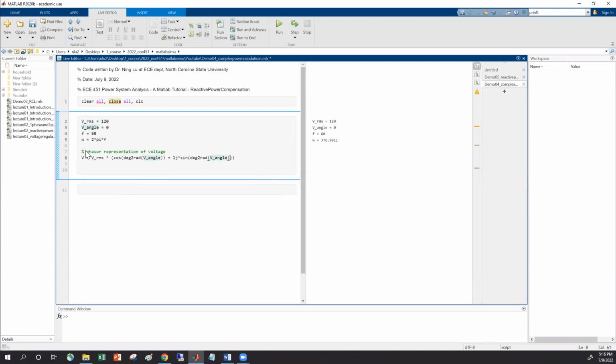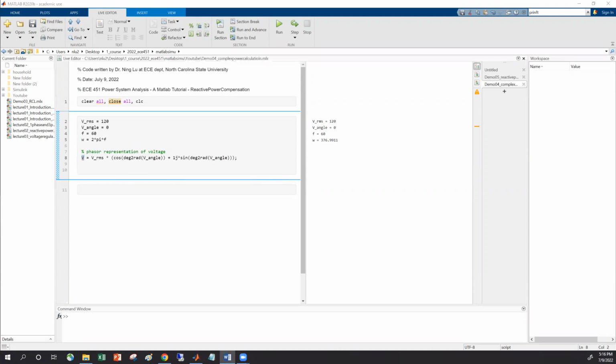So this would be our real part, and this will be the imaginary part of it. Okay, so this is the phasor representation, but this is the voltage in rectangular representation of it.